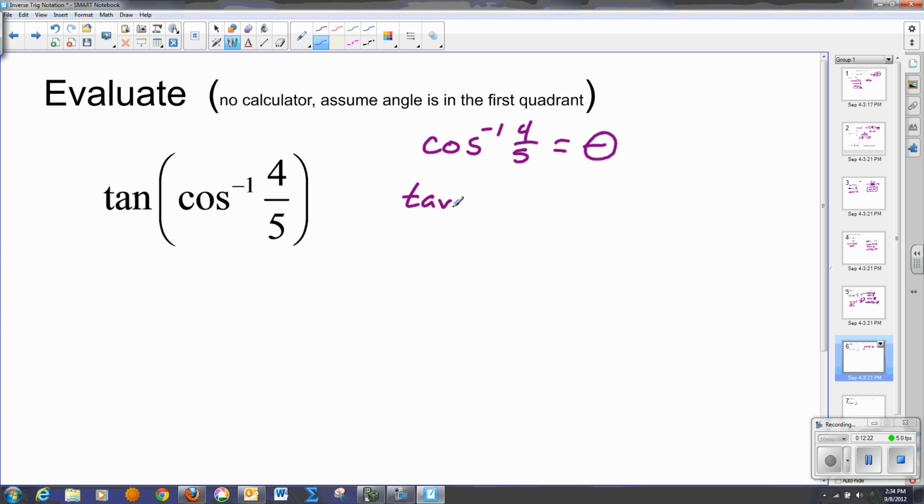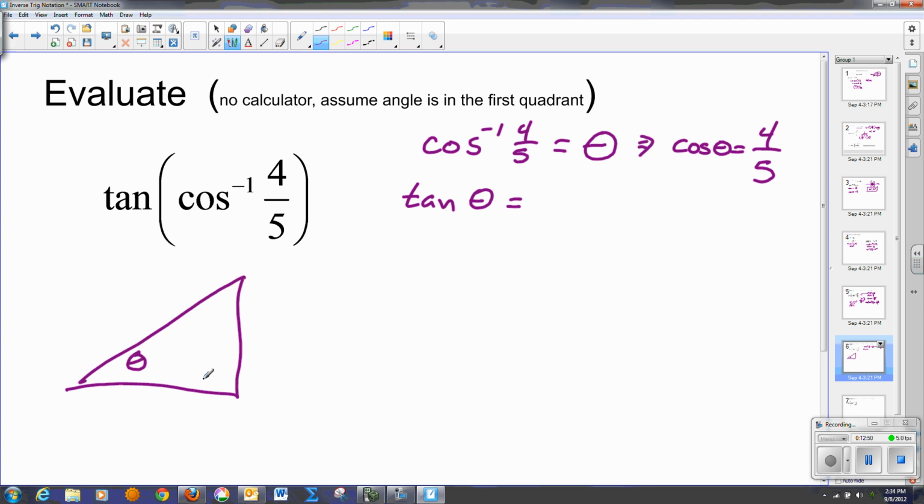Tangent, instead of saying the inverse cosine of 4/5, I'm going to say theta is equal to some unknown value. Well, now I also know that I can change this from inverse notation to the cosine of theta is equal to 4/5. And now I have a triangular relationship once again.